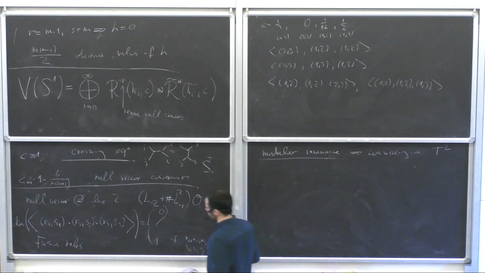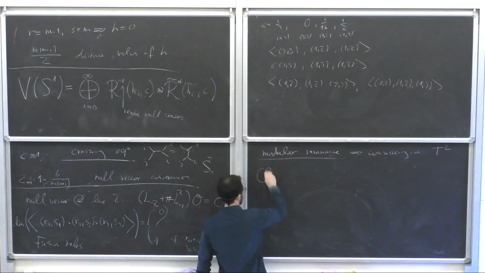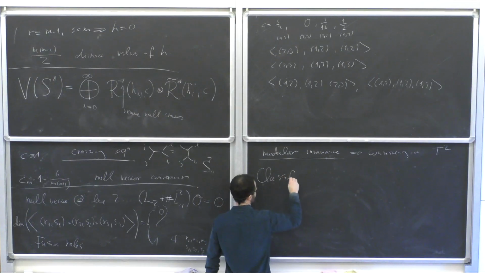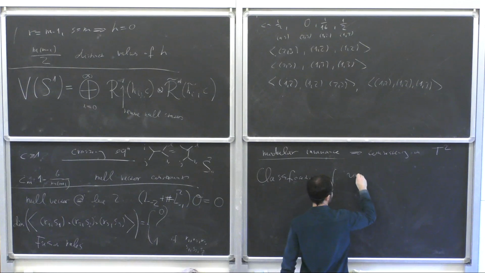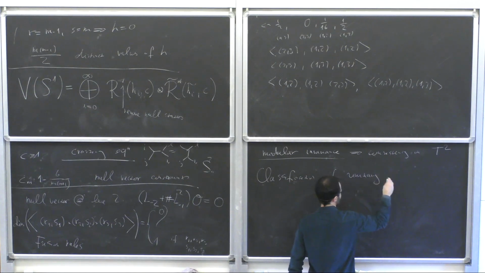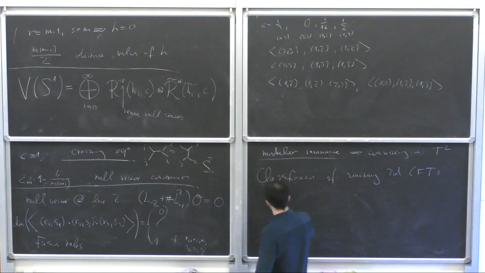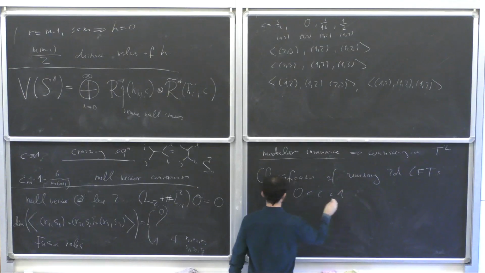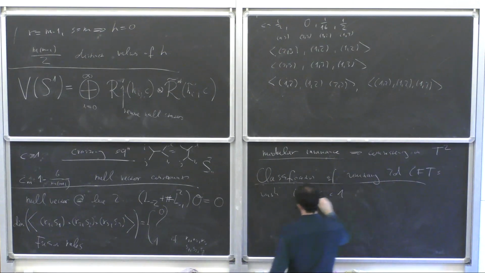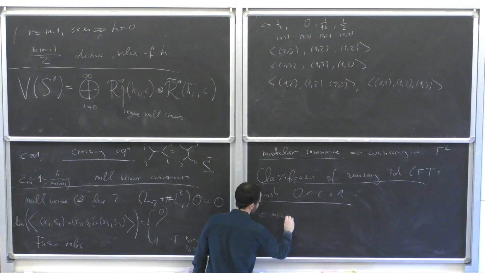So putting all these constraints together, there is a complete classification of unitary 2-dimensional CFTs whose central charge is between 0 and 1. These 2D CFTs are called minimal models.